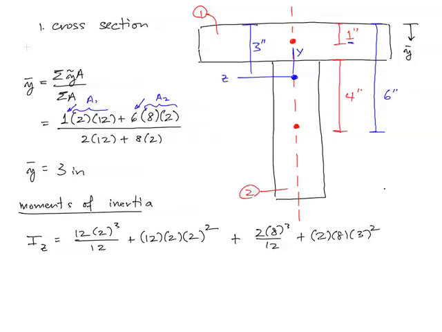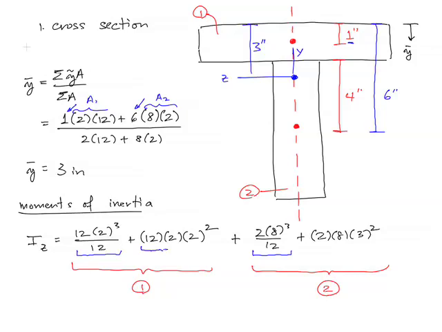Okay, now let me label exactly what those things are. Let me say first that this is related to area number 1. That's related to area number 2. The bh cubed over 12 part in each case, I hope, is clear. That's this part right here and this part right here. And the dimensions are labeled on the figure on the previous slide, and the figure from the book, of course. Let's look at the areas and the Ad squared part.